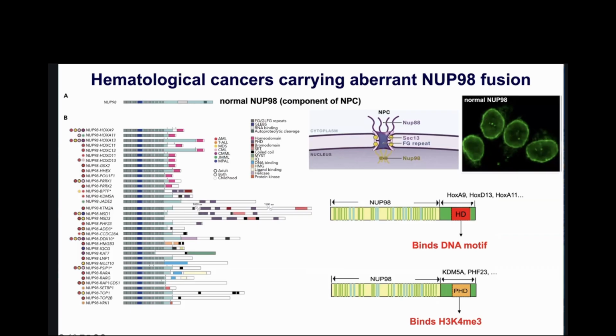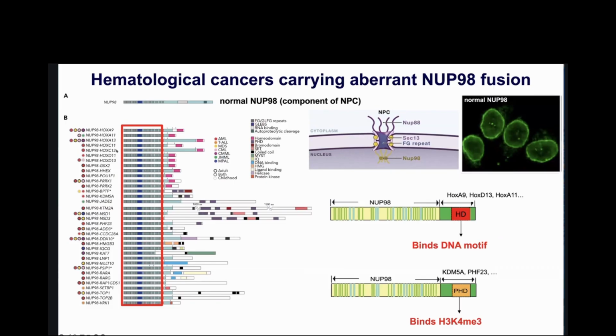That's the channel basically trafficking things in and out of the nucleus, including protein and mRNA. What happens in this leukemia patient is that the N-terminal part of NUP98 breaks off abruptly and fuses to one of the many fusion partners.